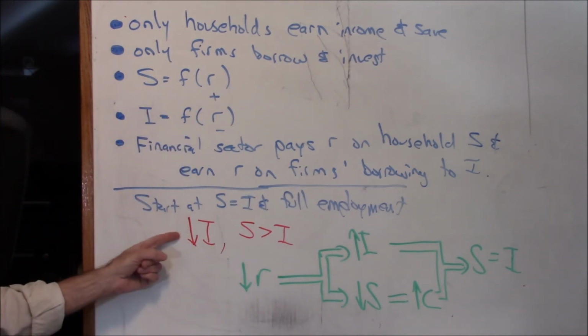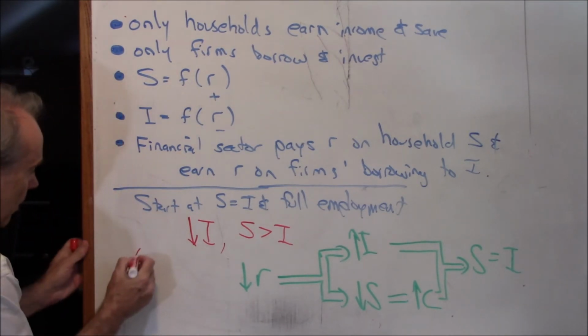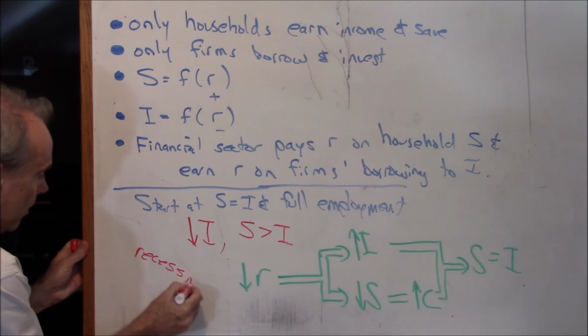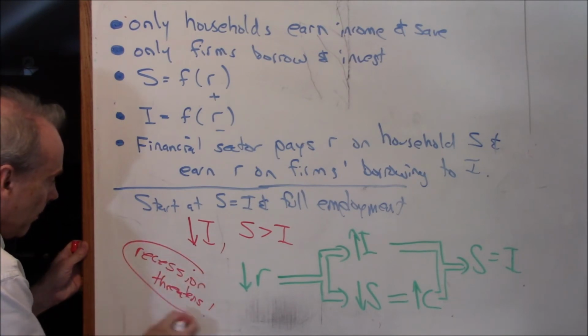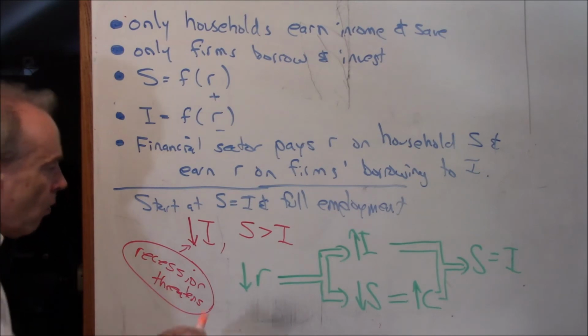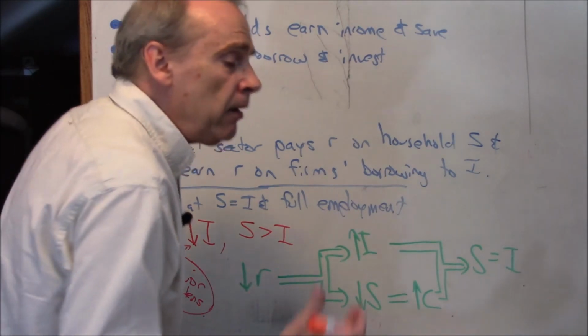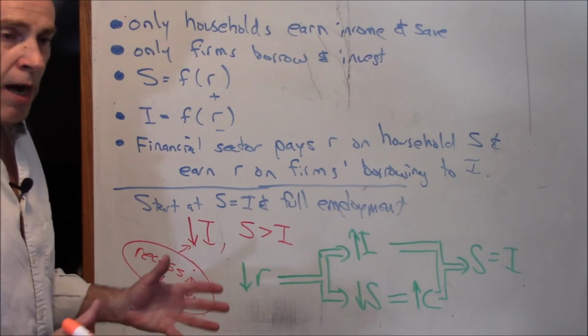Now, recession threatened, right? I'm going to write that right there. Recession threatens. A recession threatens because investment fell. But then, entirely out of my own self-interest as the banker, I'm not thinking to myself, oh my gosh, I need to stop the recession.